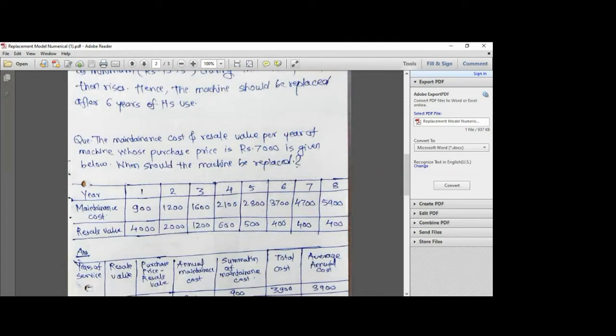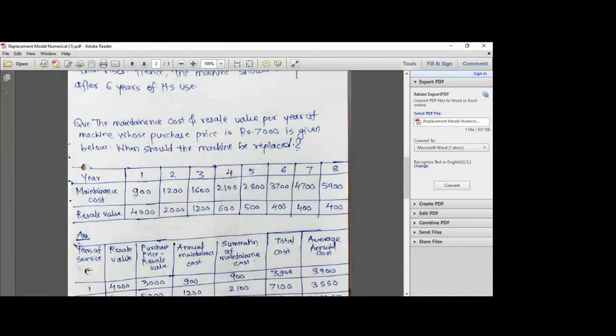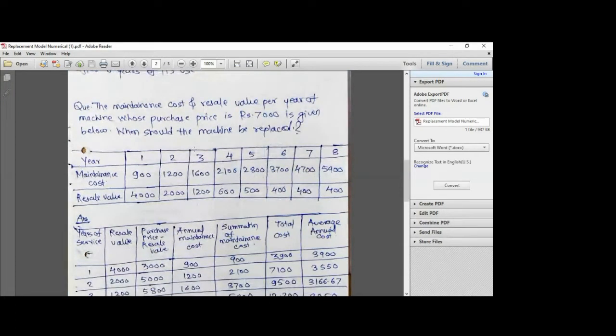So for example, if we consider the first year, the maintenance cost was rupees 900, and for the same year, the resale value is around 4,000 rupees. Similarly, if we consider the seventh year, the maintenance cost is around 4,700, and the resale value is around 400.